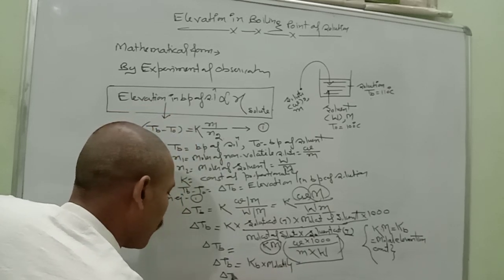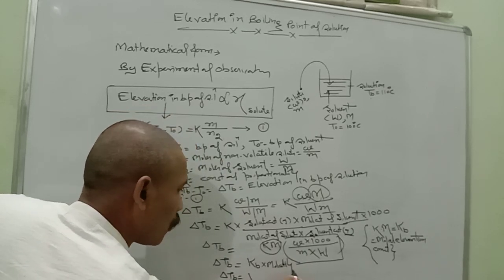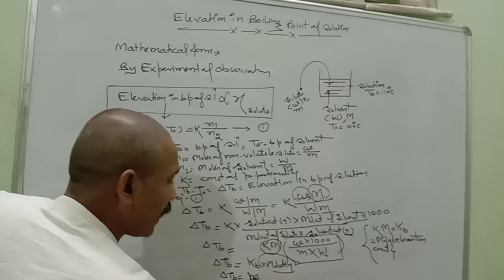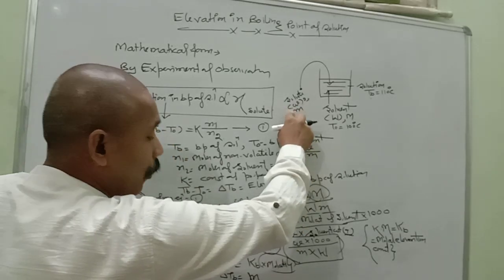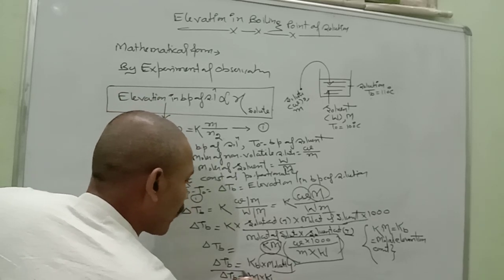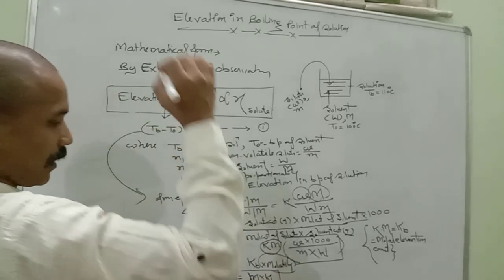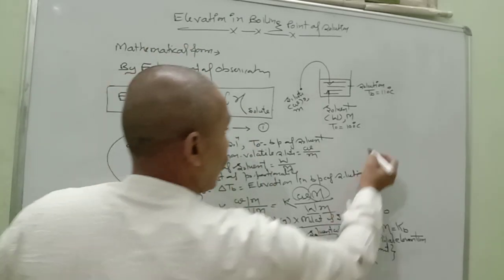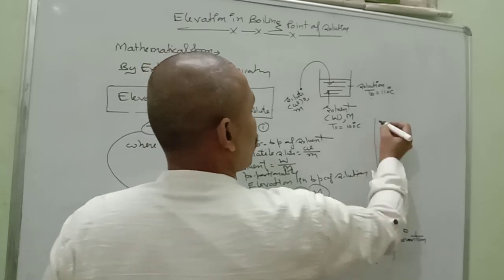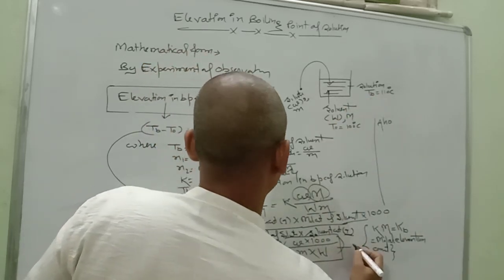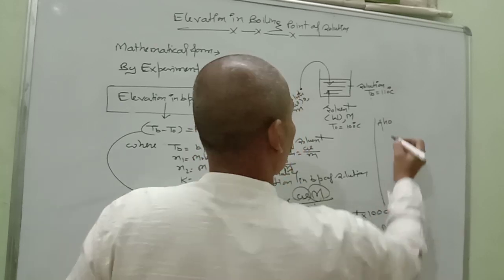So the formula becomes delta TB is equal to molality, symbol small m, into Kb. This small m is for molality and that small m is for molecular weight. Remember, this is the difference. One formula is this. Also, I am writing here after this, equation number 2.